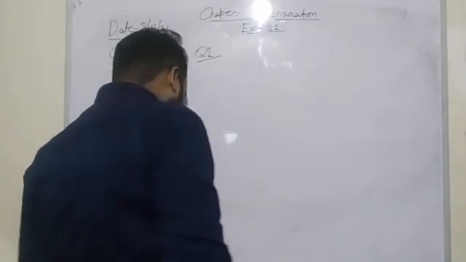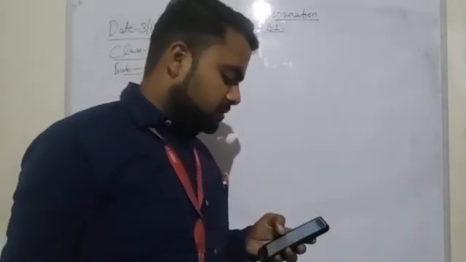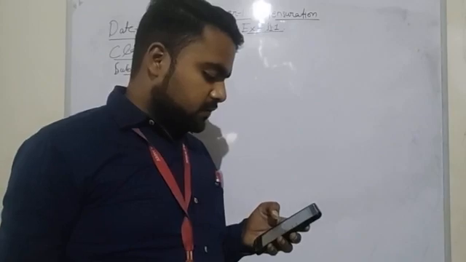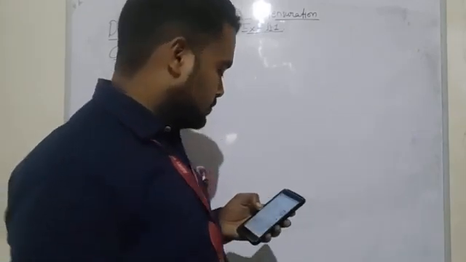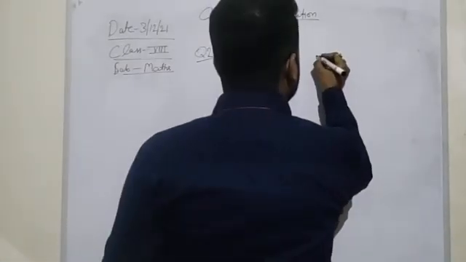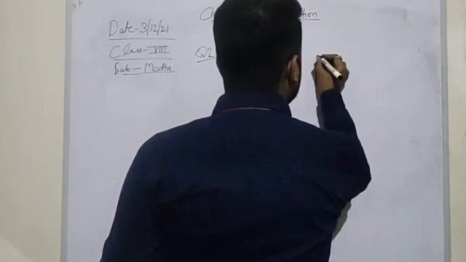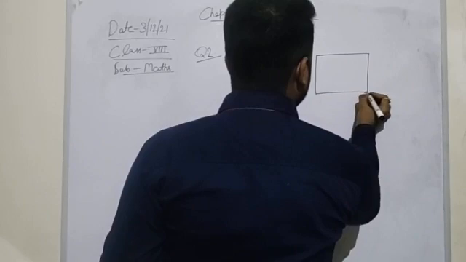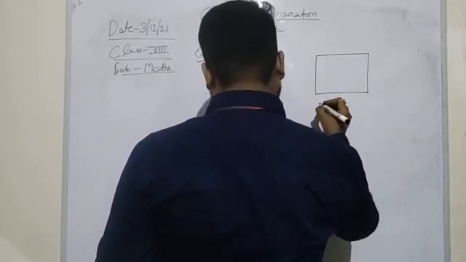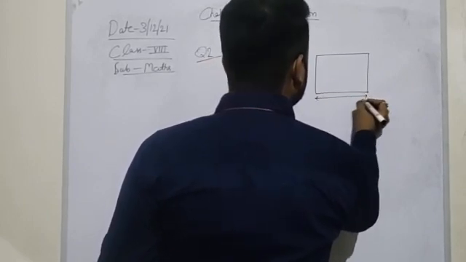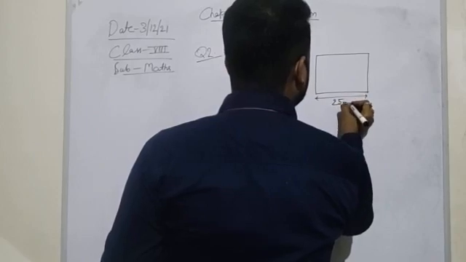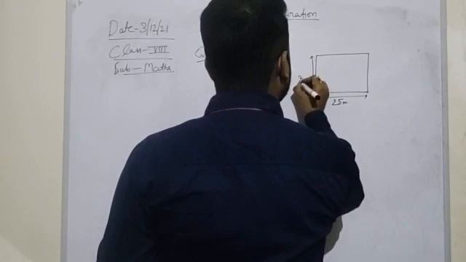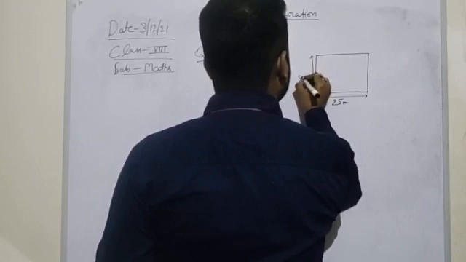Question number 2. In the question it is asked, Mrs. Kaushik has a square plot with the measurement as shown in the figure. There is a square plot that belongs to Mrs. Kaushik. The measurements are 25 meter, 25 meter.